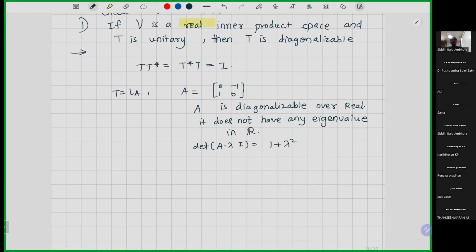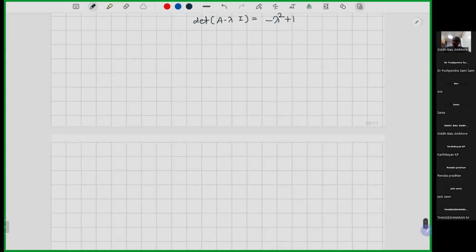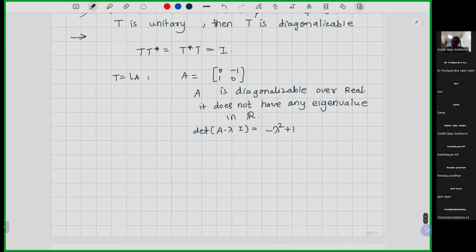You can check this. So this is not a diagonalizable matrix.